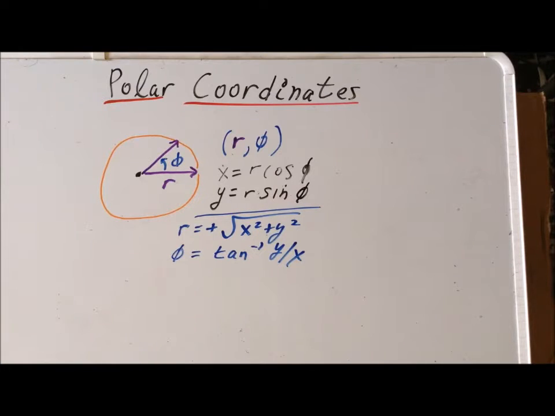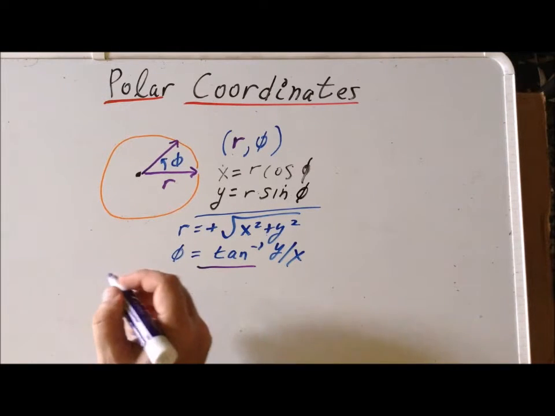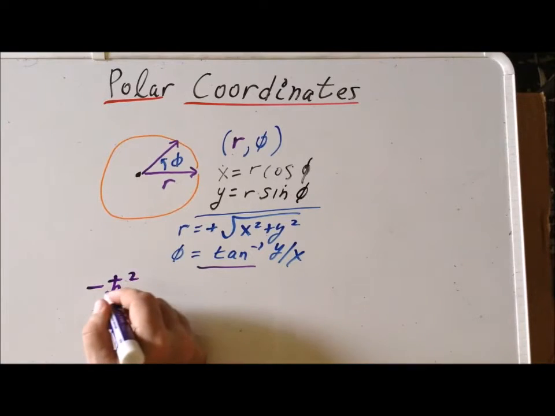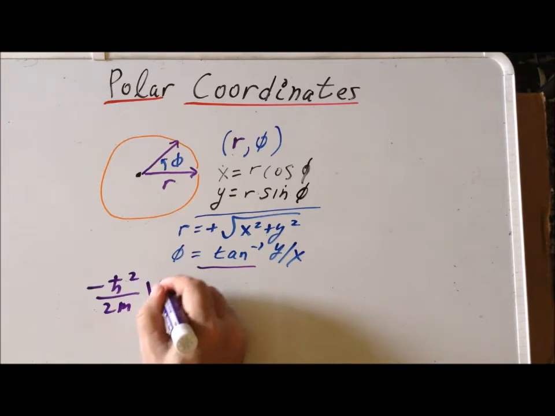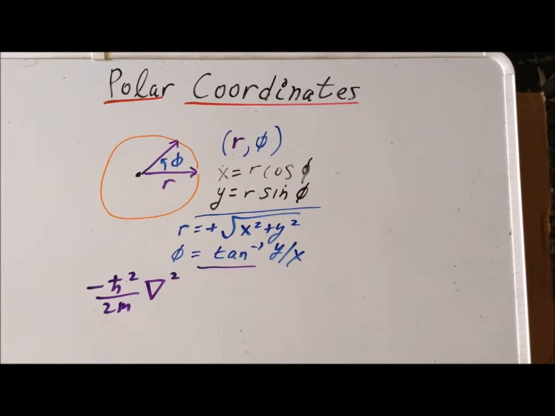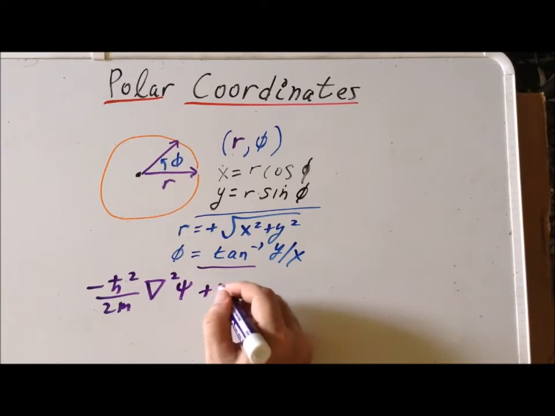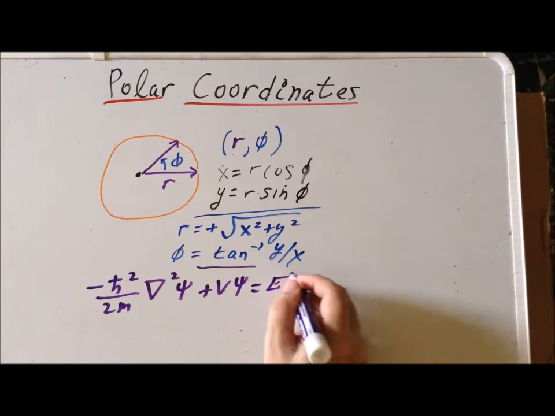The next thing to keep in mind is that if we're working in two dimensions, one version of the Schrödinger equation is as follows. So we could have minus h bar squared over 2m times this operator del squared times psi plus V times psi equals E times psi.